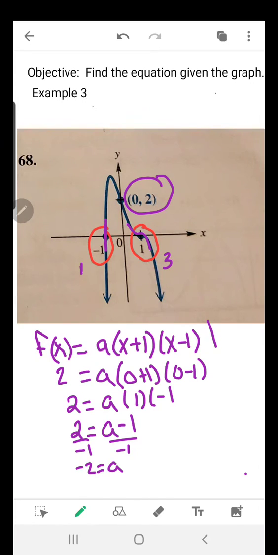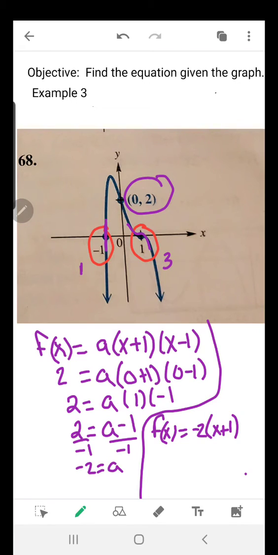Since A is equal to -2, we can now write our equation. So our equation will look like f of x is equal to -2 times, because that's what A is, x plus 1, and the plus 1 goes with the -1, because remember, it's in the form of x minus k, and the degree here is 1, and then x minus 1, I'm sorry, let me write that better than that.